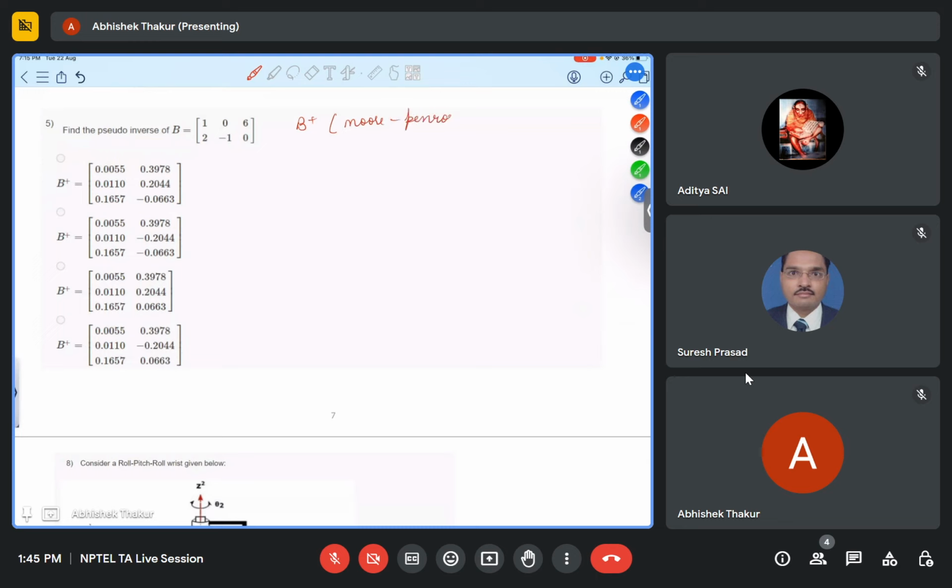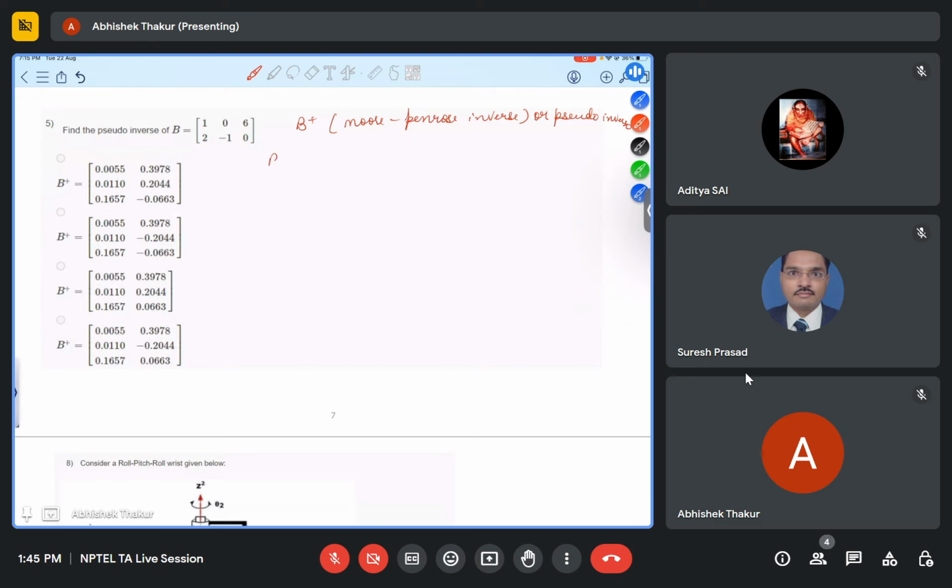This is required when the Jacobian matrix is not a square matrix.